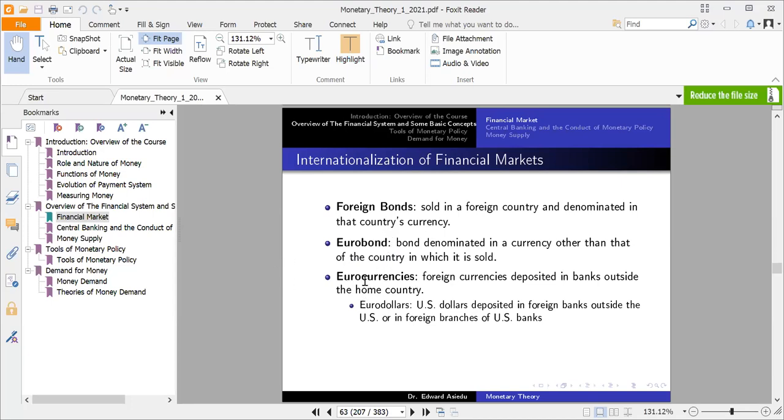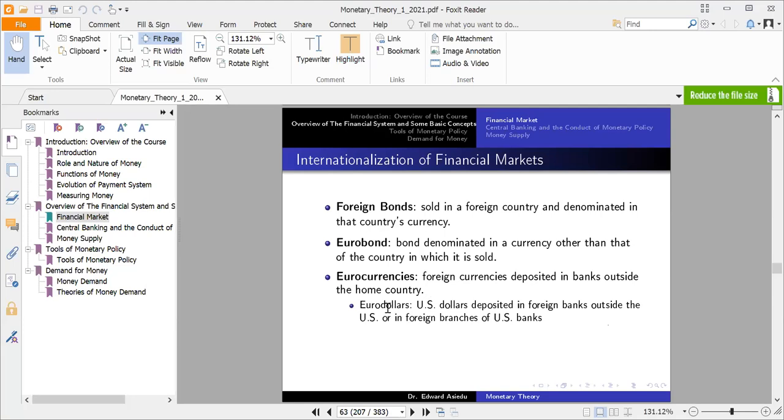Eurocurrencies, generically, are foreign currencies deposited in banks outside the home country. So I could deposit foreign currency in a bank outside my home country. Say I deposit cedis outside Ghana, which doesn't make sense, which nobody would do.